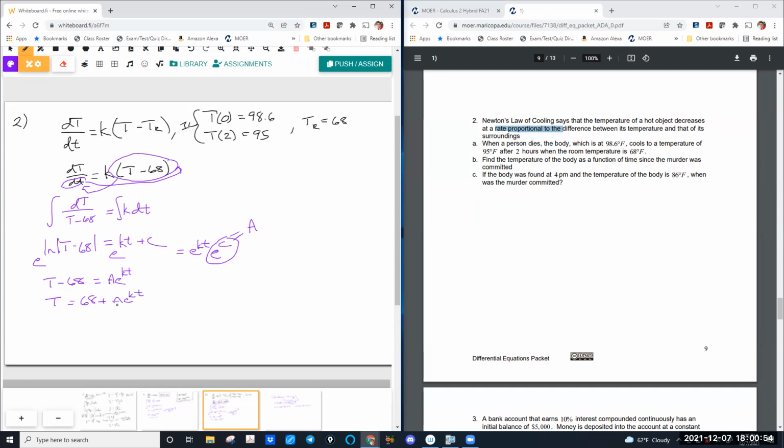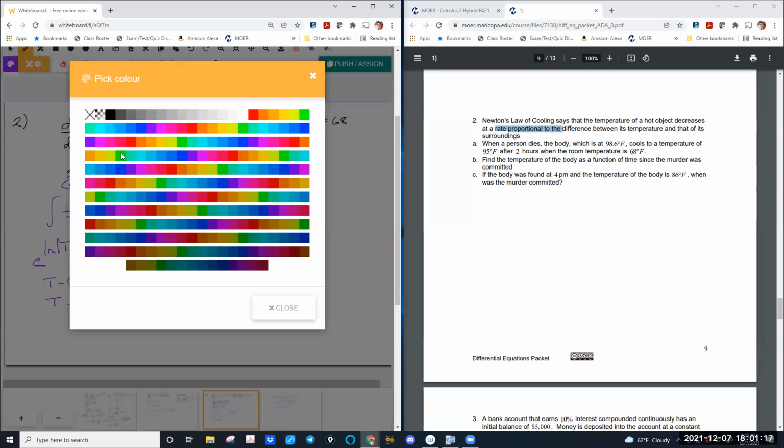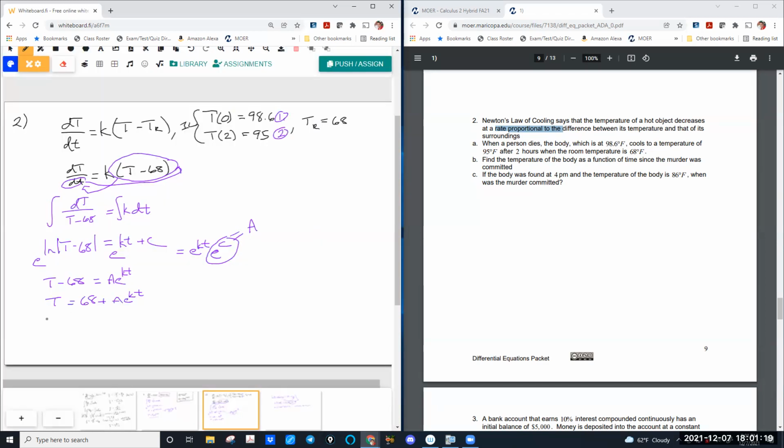And we have two unknowns here, A and k. But we have two initial conditions. We're going to use this one first and then this one. The reason being is that T of 0 works very nicely in our favor. That's basically saying when little t is 0, the temperature is 98.6. So let's change colors for putting this in.